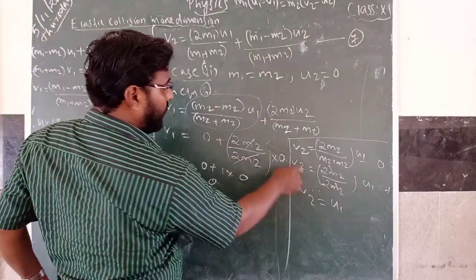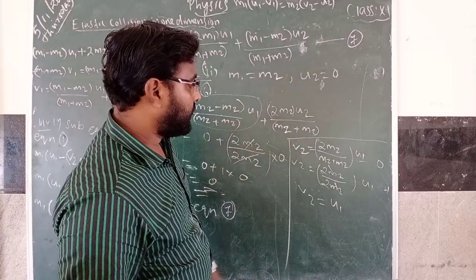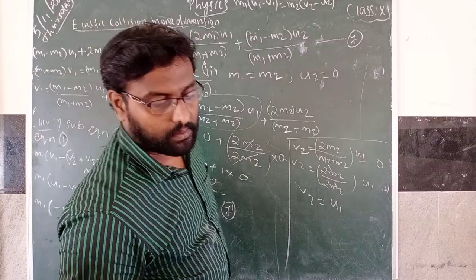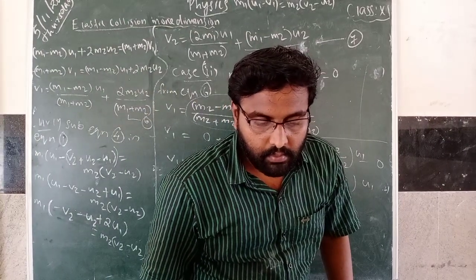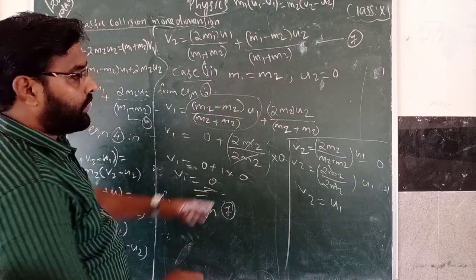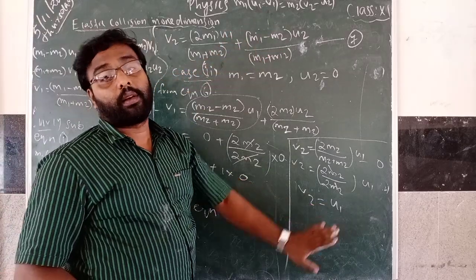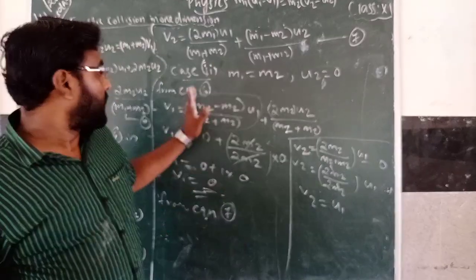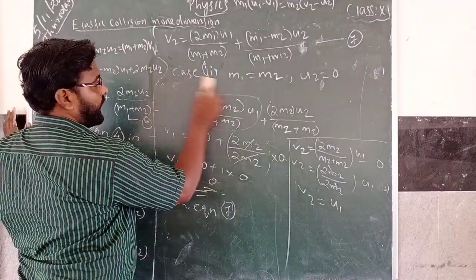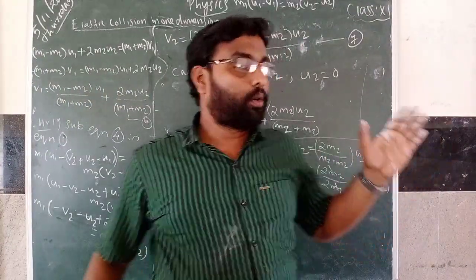The same here, U2 is 0. Already this time U2 is 0 only. So we will get U1. This is case 2. Then case 3. This case 2 is same as case 1, so no need to do it again.